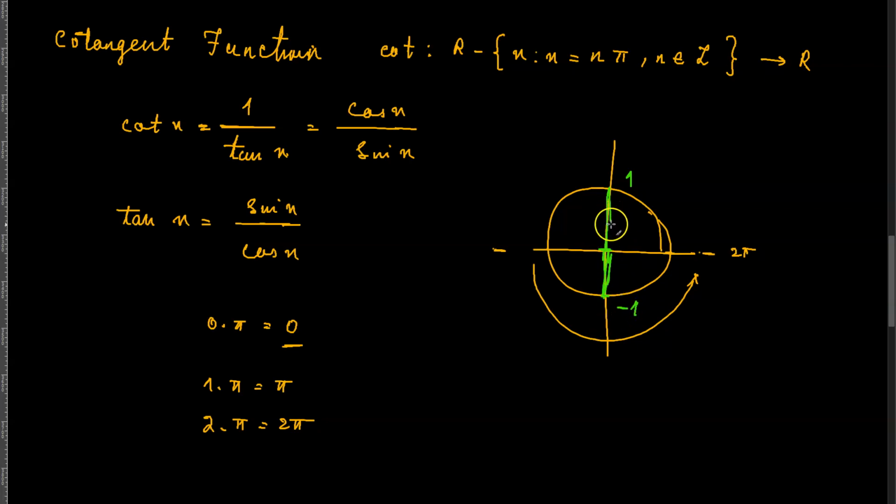Which means that, for example, if you have the angle 30 degrees, the sine of that angle would be simply this length along the y-axis. I know that sine of 30 degrees is equal to 1/2, if I'm not mistaken.